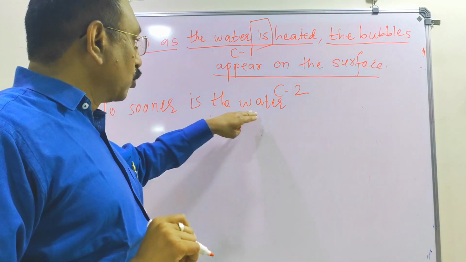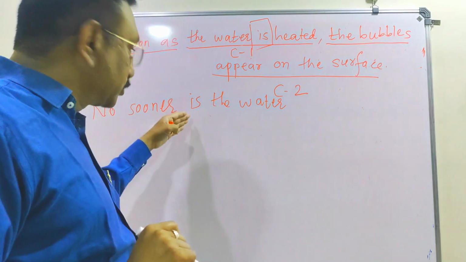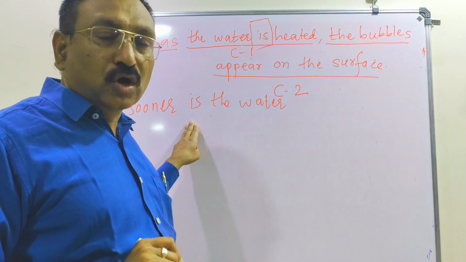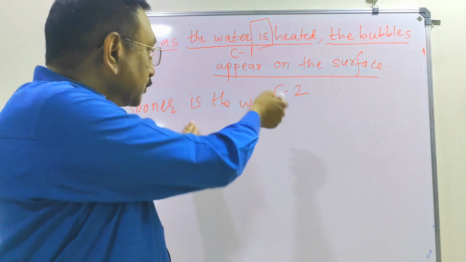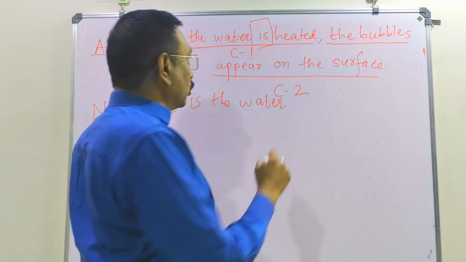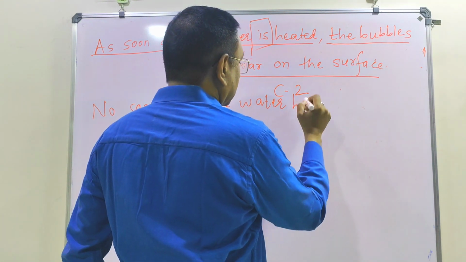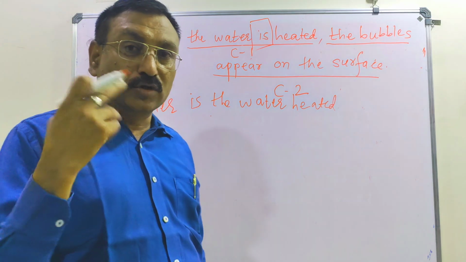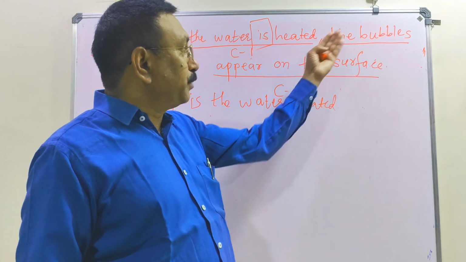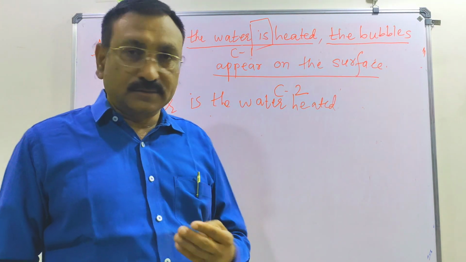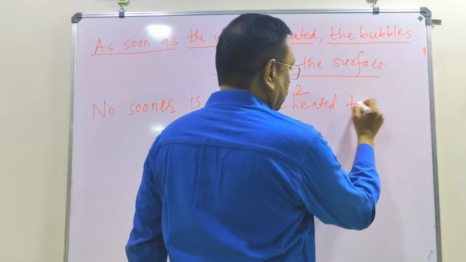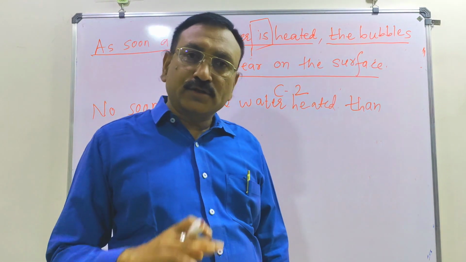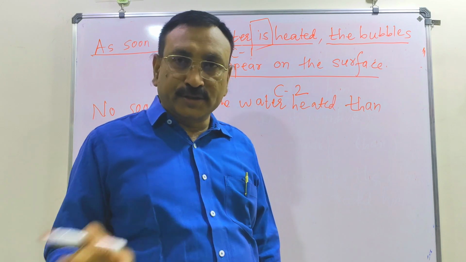No sooner is the water. We have already used the auxiliary verb is, so we are not going to repeat it after the water. No sooner is the water heated. Replace the comma with the word than, and continue the second clause without making any changes.